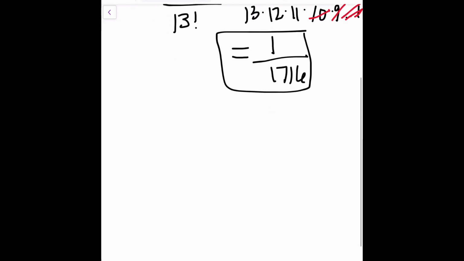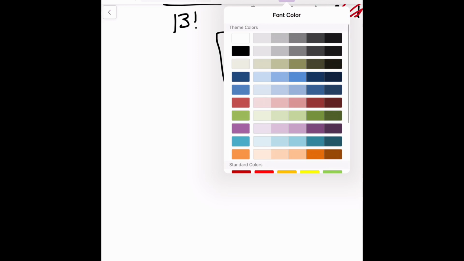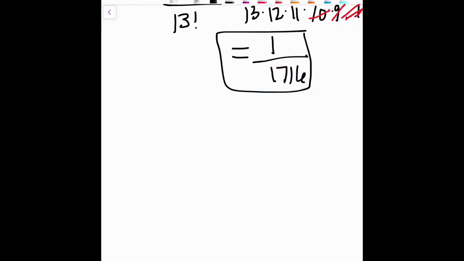Let's do another example of this. Let's say that you were doing 20 factorial over 15 factorial. Well, don't be tempted to divide the 20 by 15. You're not simplifying that because these are factorials. It's not 20 over 15.